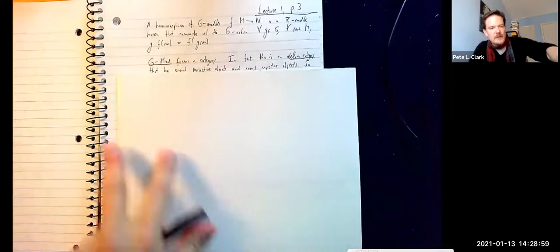So an object in an abelian category is injective if whenever it sits as a sub-object of something, then it's actually a direct summand.